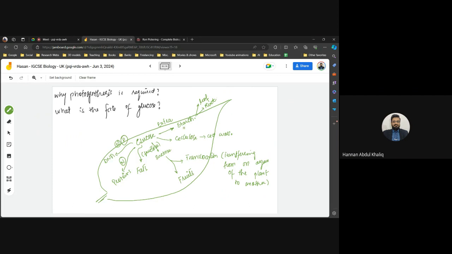And it is very important to know the starch can be stored in the roots. Sorry, and in the leaves, we store the starch in the vacuoles or inside chloroplasts.